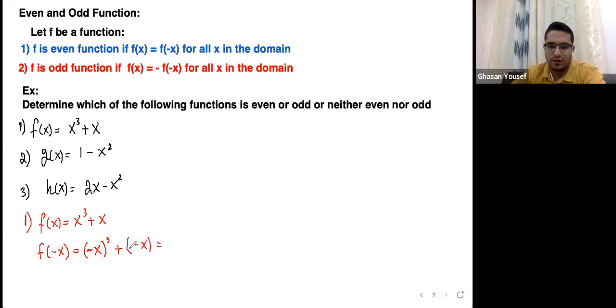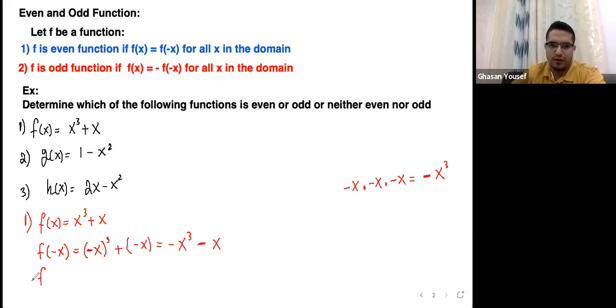And minus x to the power 3 is minus x cubed. Why? Because minus x times minus x times minus x: minus times minus is positive, positive times negative is negative, and x times x times x is x cubed. So here I get minus x cubed plus minus x, so we get minus x.